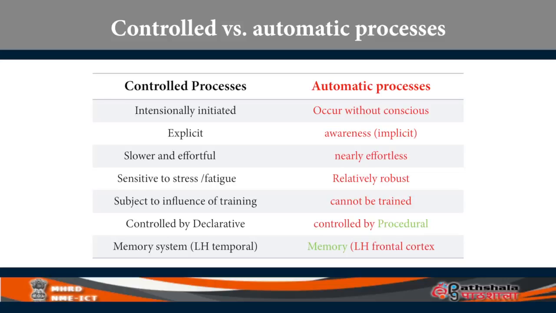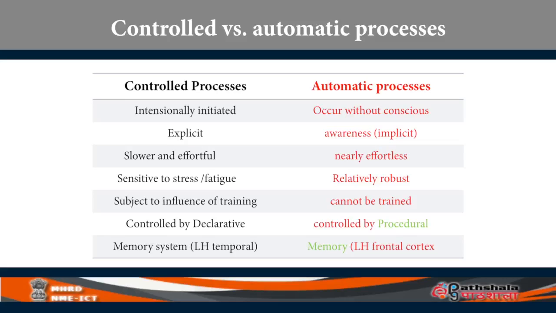So, many of the original offline tests are based on control processes, but automatic processes, on the other hand, occur without conscious awareness. So, they are implicit, they are nearly effortless, they are robust, they cannot be trained, and they are controlled by procedural memory, which is the left hemisphere frontal cortex.